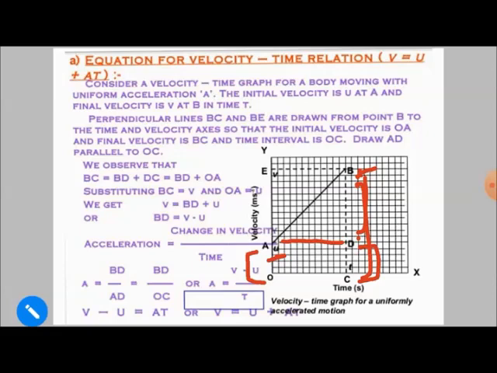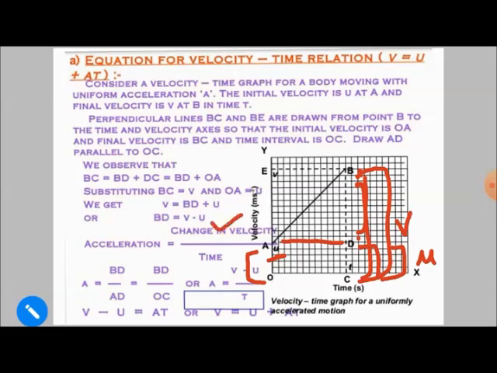So BC is the final velocity, that is V, and DC or OA is equal to U. Now BD will become V minus U.